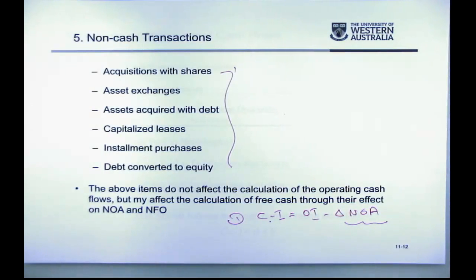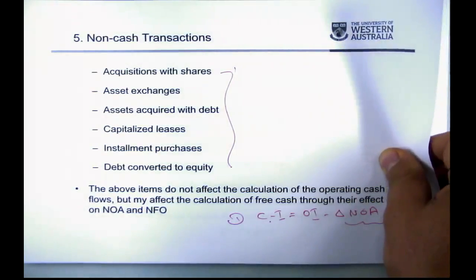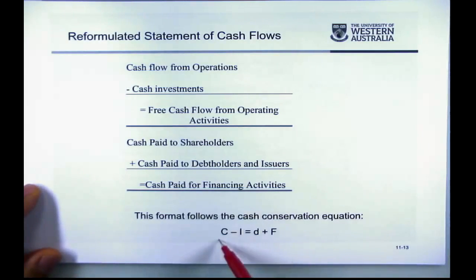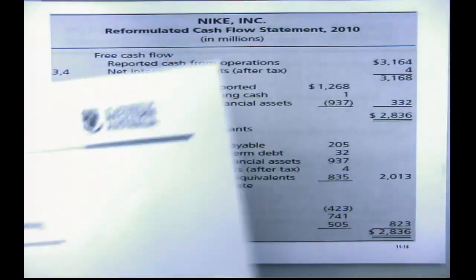Make sense? So they will affect the calculation of the free cash flow according to method 1 or 2, but not according to the third method when we use the statement of cash flow. So remember, when we reformulate the statement of cash flow, we should reformulate it in a very neat way according to the cash conservation equation, such that C minus I is equal to D plus F. Okay? You are familiar with this equation.